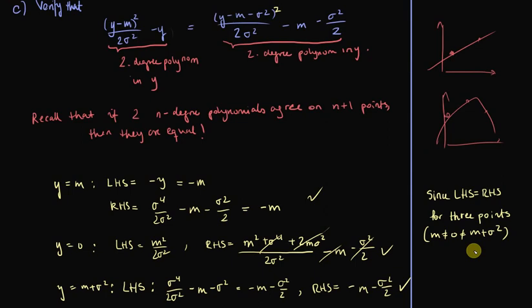Since they agree for 3 points, then we have that left-hand side is equal to right-hand side for all y. There we go.